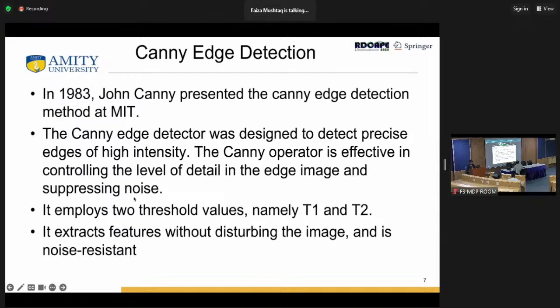It suppresses the noise because it works with the Gaussian filter, and it has two threshold values. We usually work with two threshold values, which detect the weak and the strong edges, and it extracts features without disturbing the image and is noise resistant.